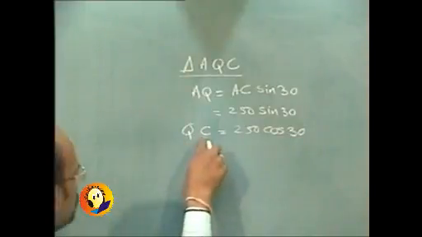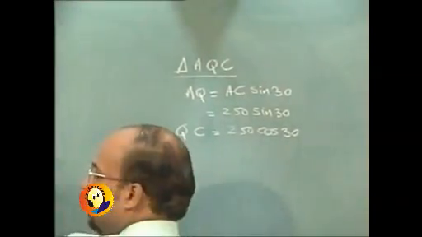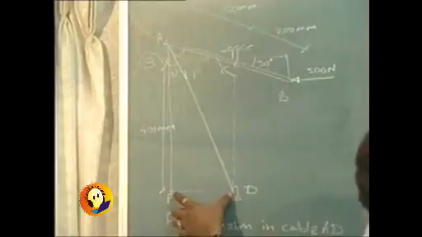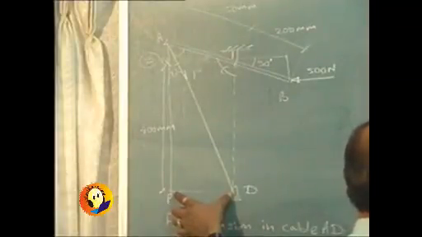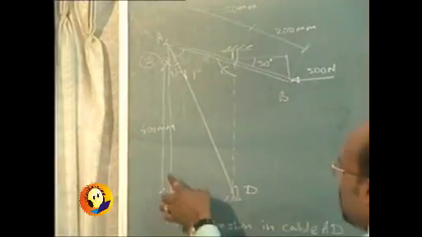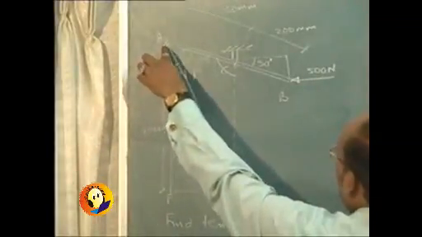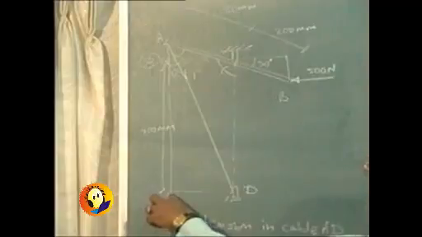Also QC will be equal to PD. See the figure. So we can write QC equal to PD. And also observe that PQ plus QA will form the side AP of triangle APD.